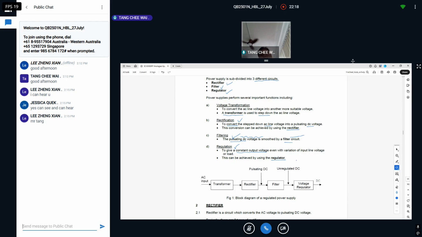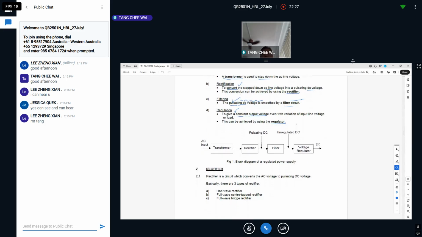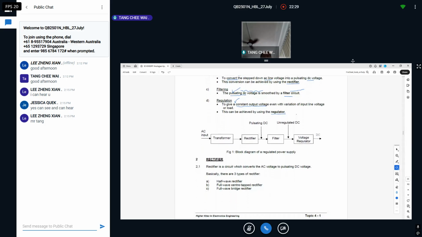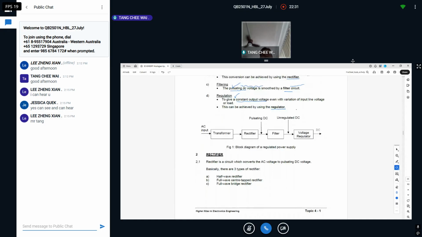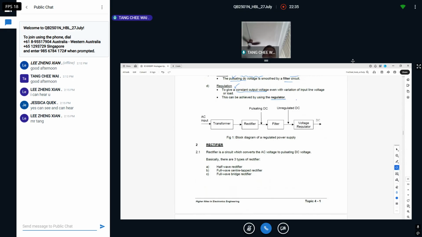Okay, so I already ran through the three circuits in general. Now this block diagram here will probably help you see things in better perspective. First from the left, this is your AC coming into your power point.